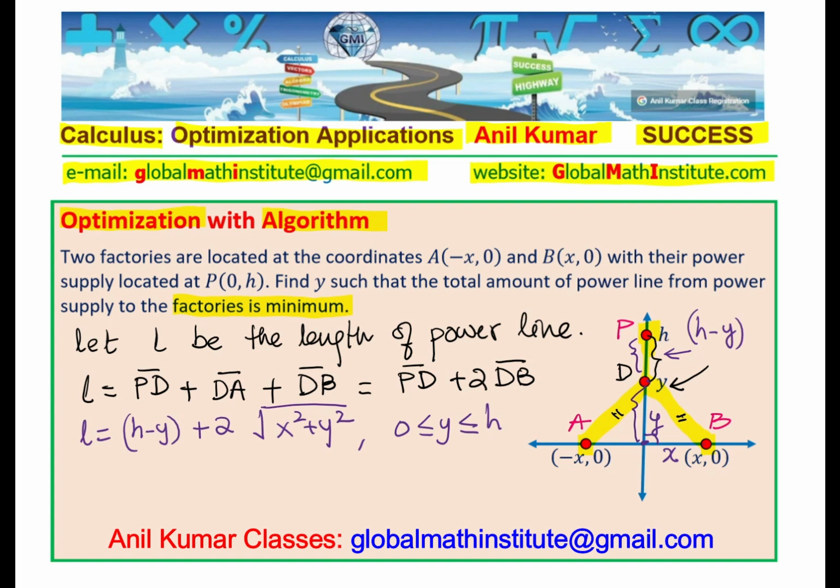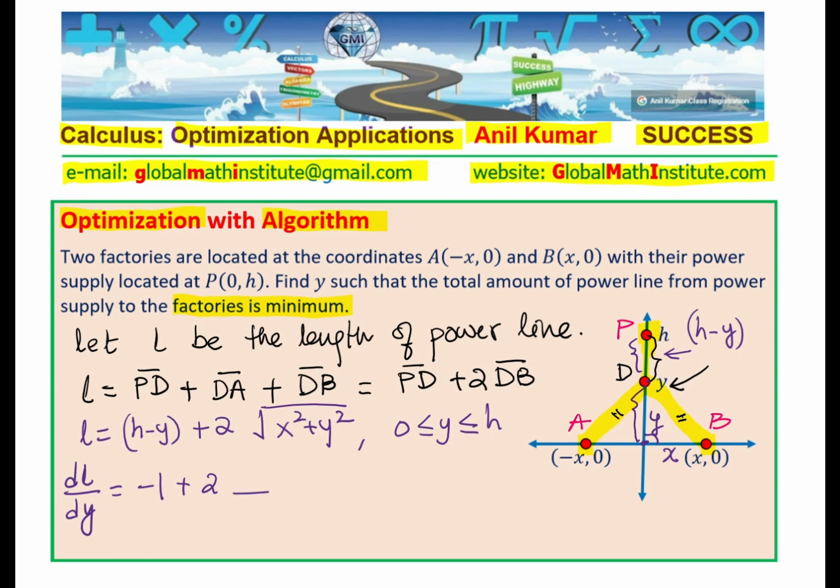Remember one thing: h and x are constant in this case, right? The only variable is y. So let's differentiate this length with respect to y. Makes sense, right? So h is a constant, so we get minus 1 here, right? Minus 1 plus 2 times the square root of x squared plus y squared, which will be 1 over 2 square root of x squared plus y squared, right? And the derivative of y squared is 2y. Makes sense.